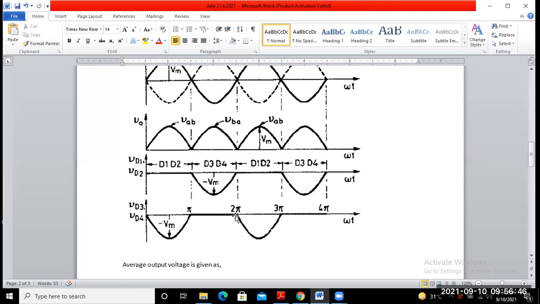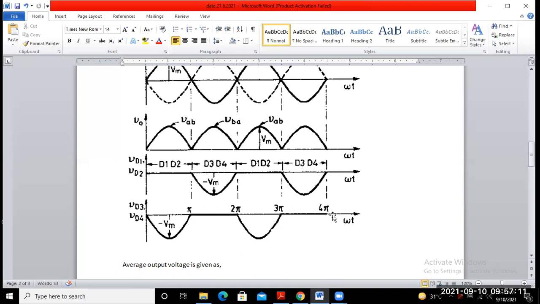And again from 2 pi to 3 pi, D3 and D4 are in reverse bias, because during this period D1 and D2 are forward biased and conducting. So across D3 and D4 from 2 pi to 3 pi, the negative half cycle of the supply voltage appears, as shown here.